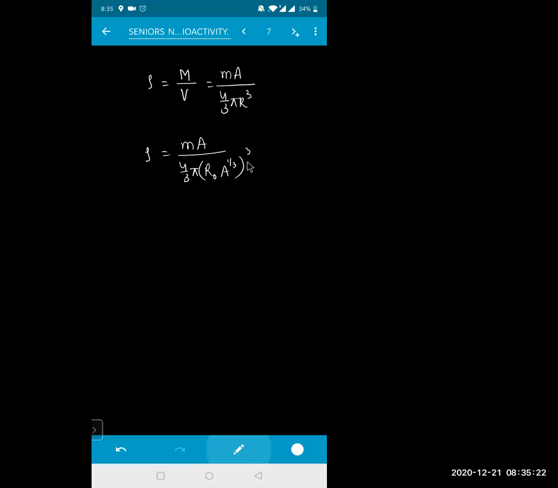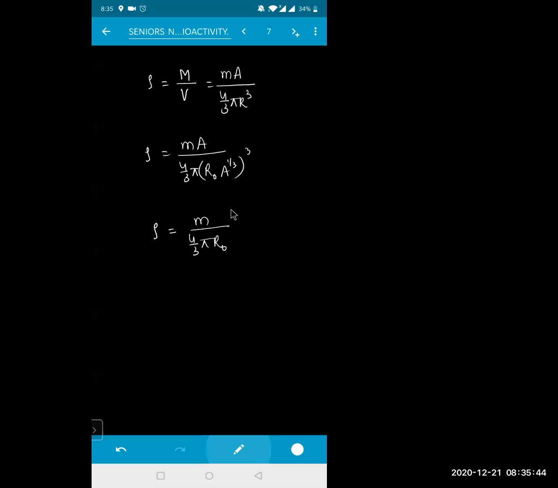That means this A and this A will get cancelled. So density will be equal to mass divided by 4 by 3 pi into R naught cube. That means density is independent of the mass number, it is independent of capital A.